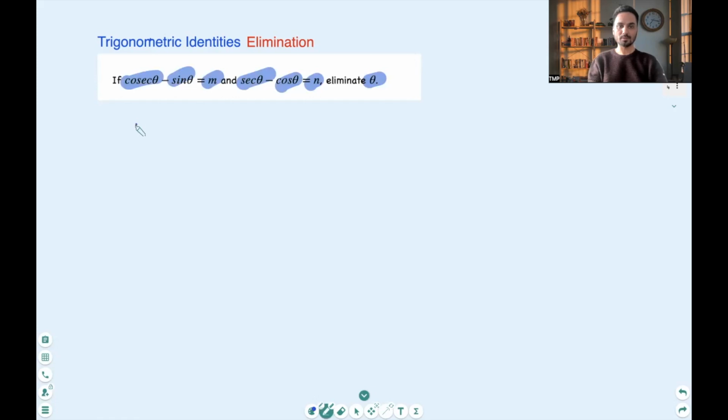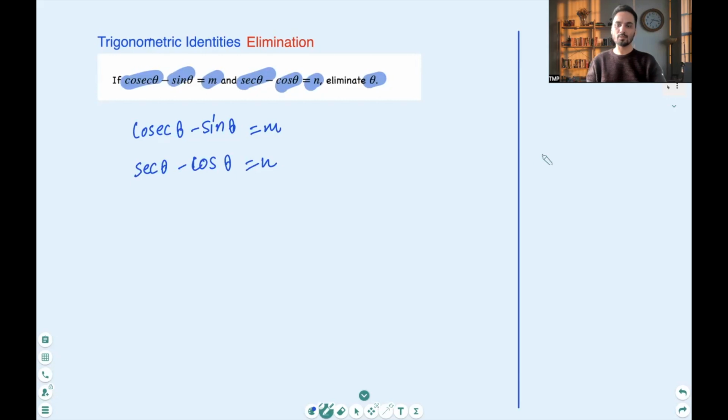Starting with what is given, cosec theta minus sin theta equals m and sec theta minus cos theta equals n. Based on the given equations, let's write down the identities that we know. So we know that cosec theta is equal to 1 over sin theta, and sec theta is 1 over cos theta.